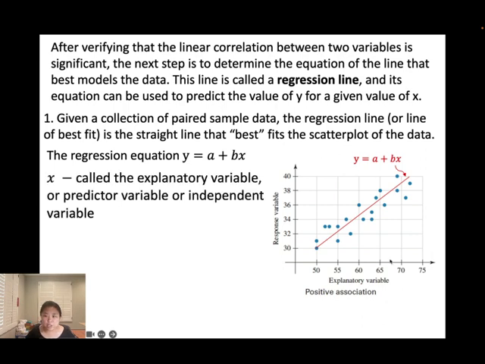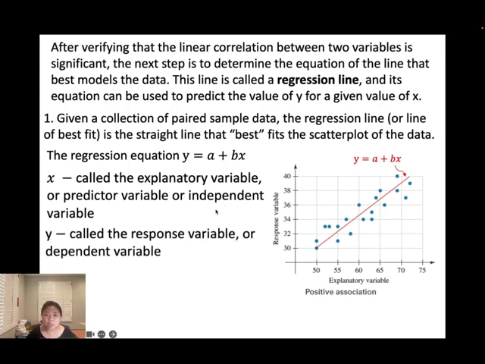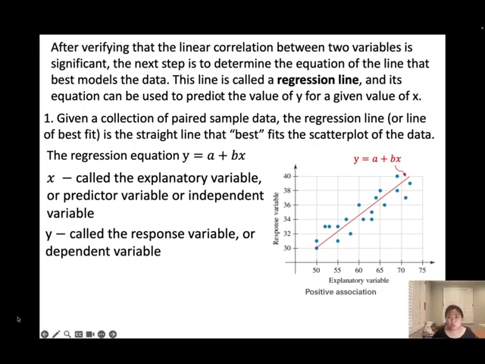And then the x-axis here, or you could think of the data, the ordered pairs, the x and y. The x we call the explanatory variable, predictor variable, or independent variable. I like to use independent variable here. Y we call the response variable or dependent variable. I'm going to call it the dependent variable for the y here.